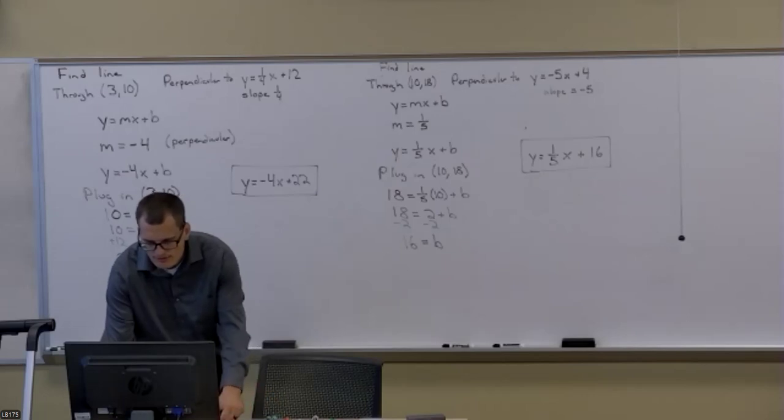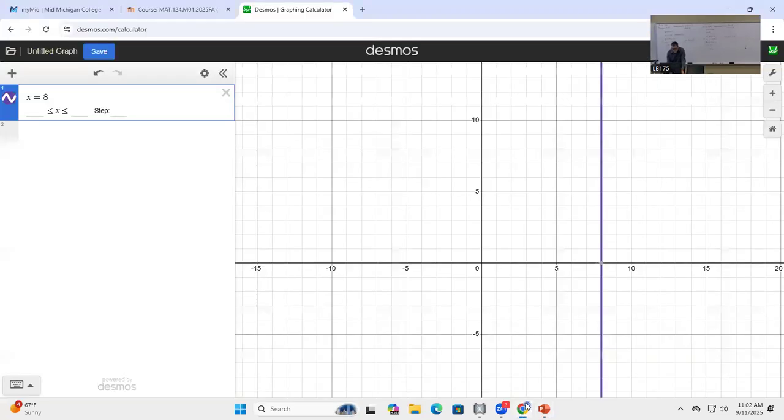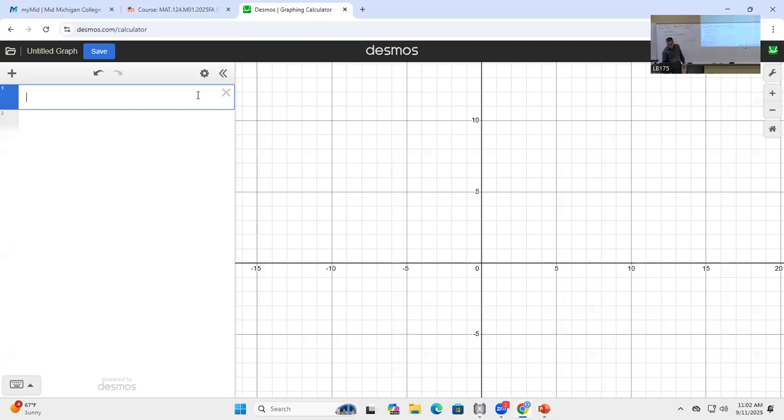If you want, you can always check that out. I know I checked it on the graphing calculator last time, but you can also graph on Desmos. The problem on Moodle had y is equal to negative 5x plus 4.